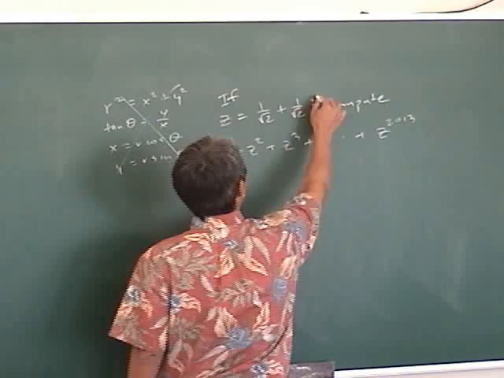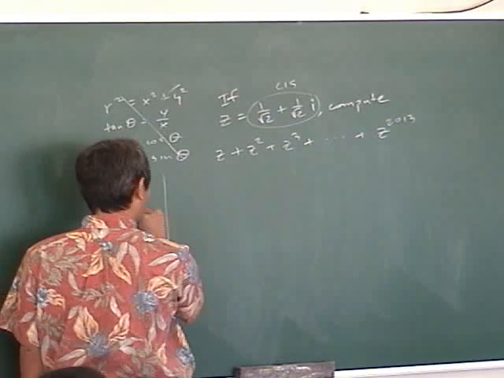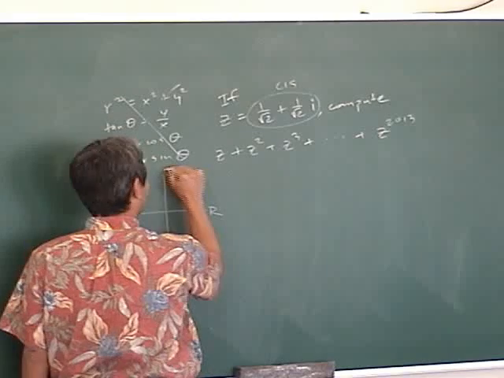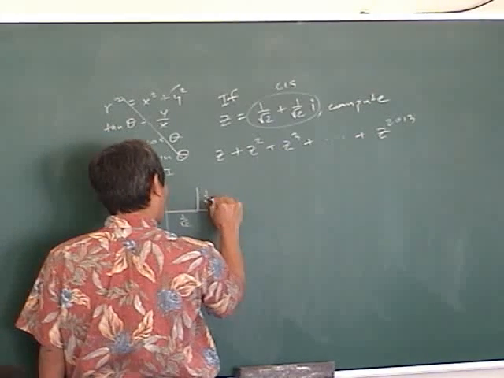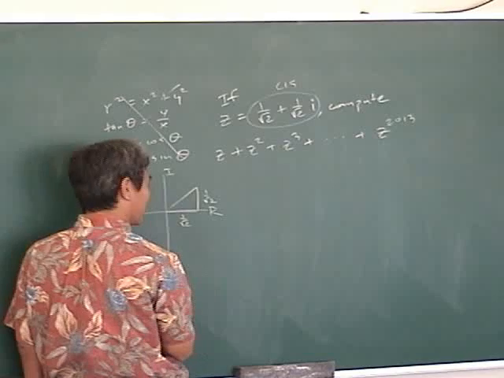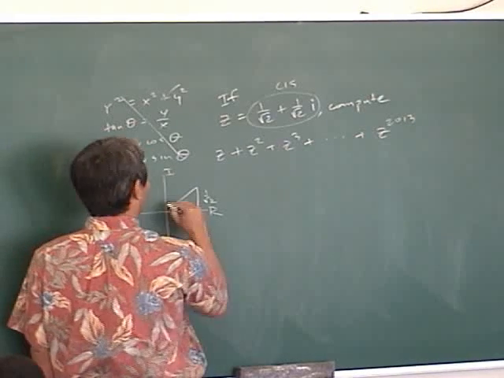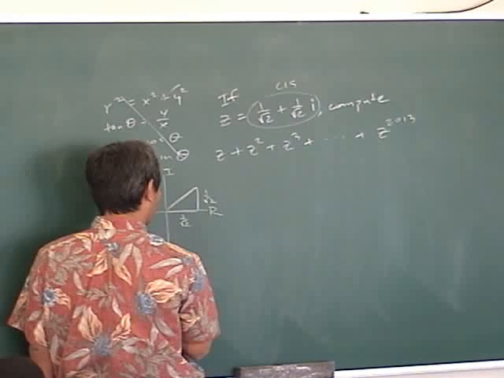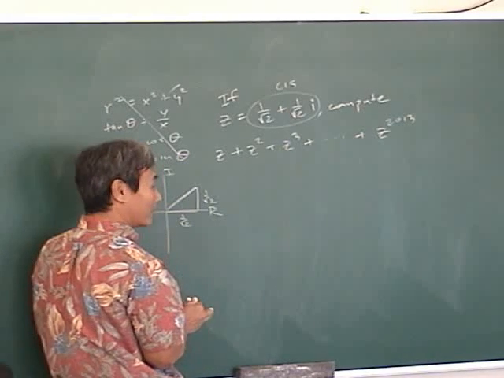First step, change this into polar form, r cis theta. Okay, draw the picture. If I go 1 over root 2 to the right and 1 over root 2 up, how far from the origin am I? How far from the origin am I? I'll give you a hint. This is a 45, 45, 90 triangle.